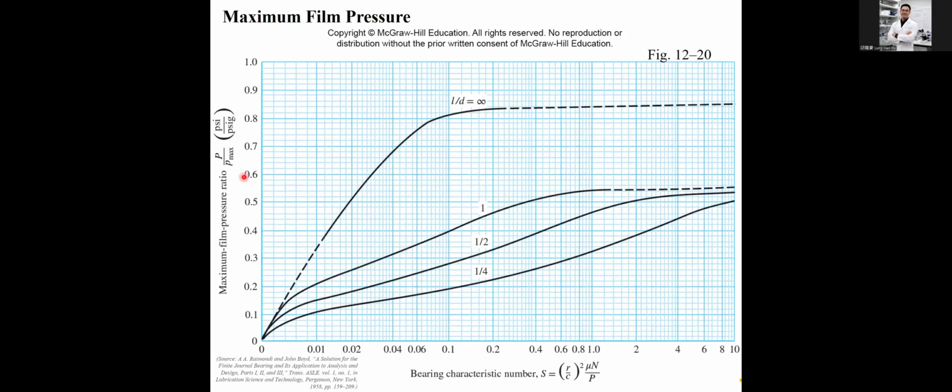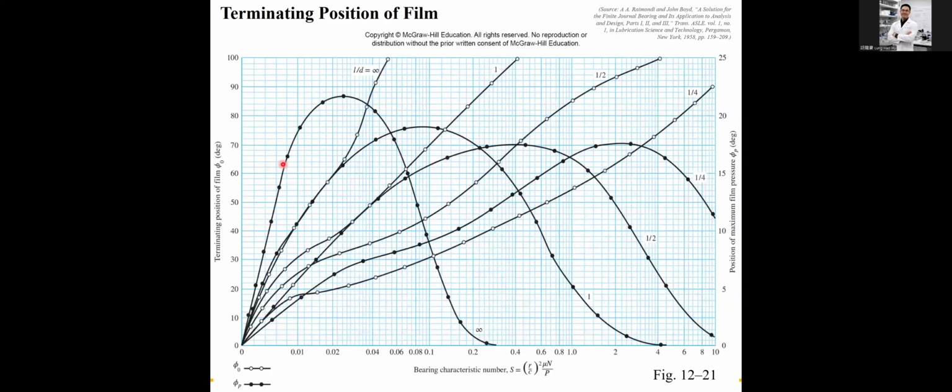This one defines the Sommerfeld number with the minimum film pressure ratio. This chart represents the Sommerfeld number with respect to determining the position of the film.